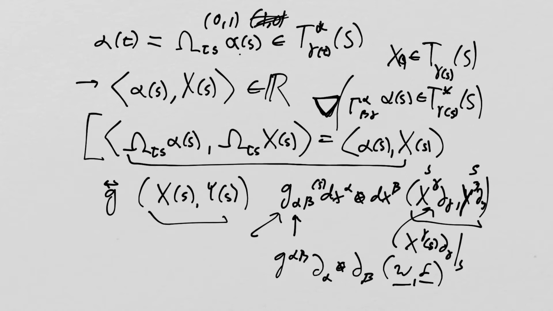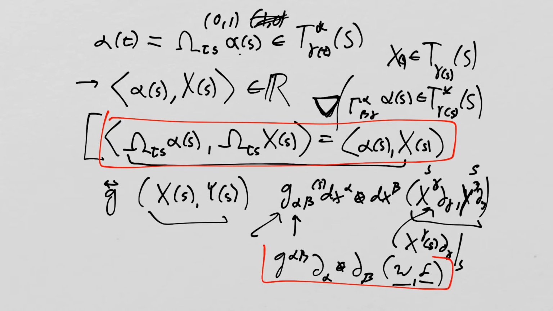But if they were, it's a different requirement than the one I'm setting up. This requirement here is that parallel transport preserves dual space mappings, and this one would say parallel transport preserves the inner product, and these are not the same requirements.